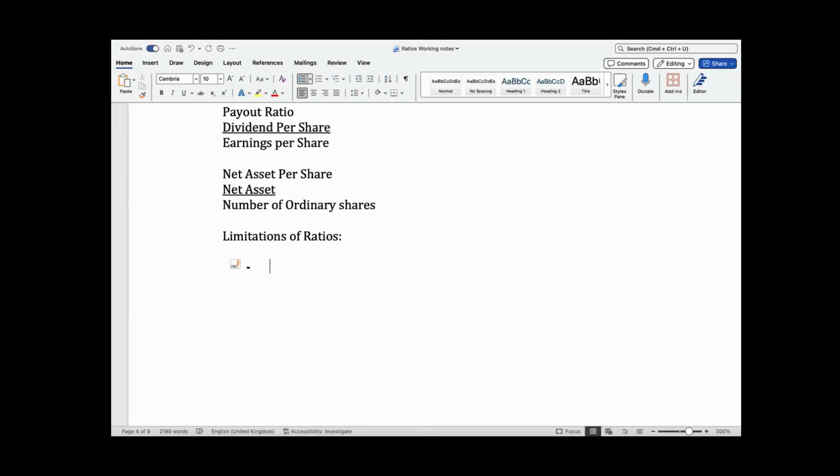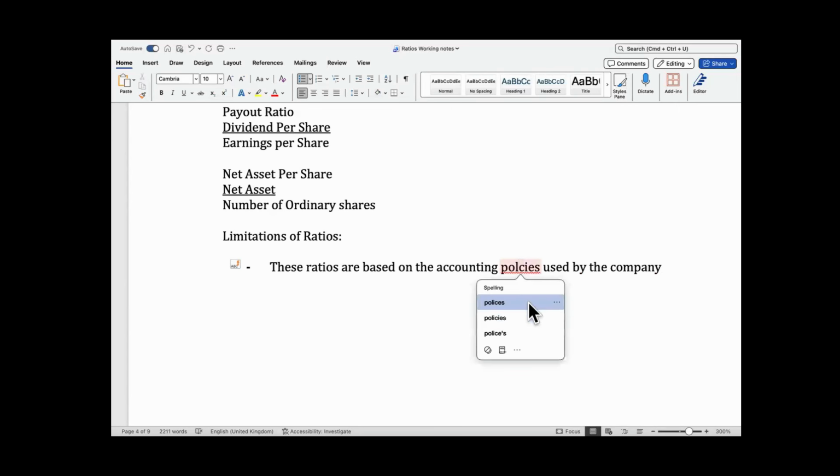See, these ratios are based on the accounting policies used by the company. The accounting policy a company uses can significantly impact their ratios.